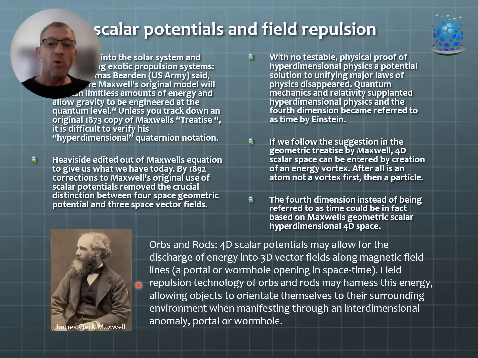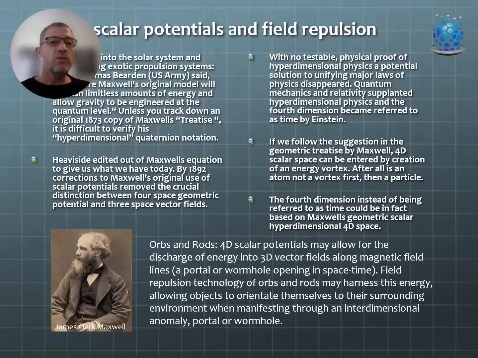Now, field repulsion technology of orbs and rods may harness this energy, allowing objects to orientate themselves to their surrounding environment when manifesting through an interdimensional anomaly, portal, or a wormhole.